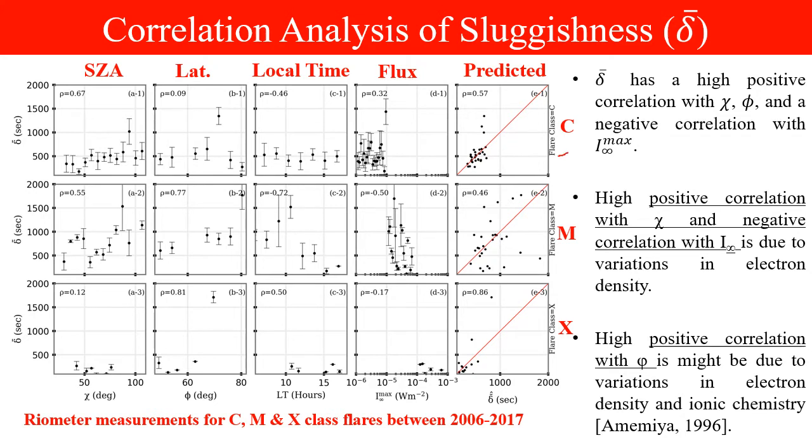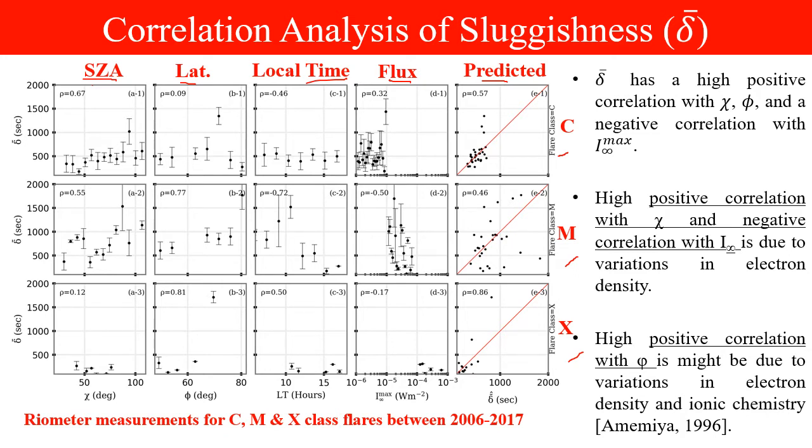Each row represents a particular flare type, and each column represents solar zenith angle, latitude, local time, and flux. The last panel shows a generalized linear model that tries to predict, or forecast, the sluggishness based on all these four parameters.